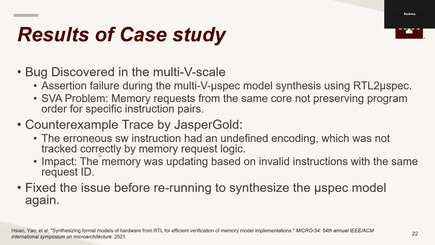This encoding was not tracked correctly by the memory logic, leading to memory updates based on invalid instructions, even though they shared the same request ID. As a result, the memory update was violated and the issue was fixed. The model was resynthesized to address the problem.